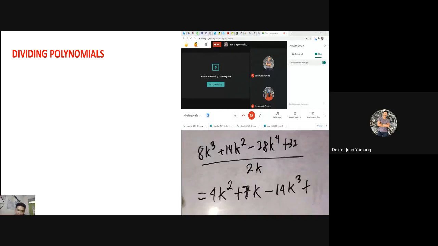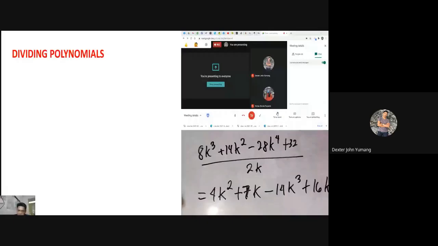So madi-divide nga ba natin? Yes, madi-divide po. 32 divided by 2, that is 16. Pero, nasa baba yung k. Kapag nasa baba yung variable, magiging negative 1 siya, ang exponent. Okay? Tulad ng nasa sample na sinulat ko, naging negative 1 siya, kasi nga po, nasa denominator ang k.